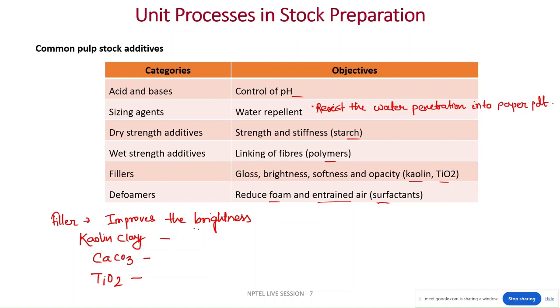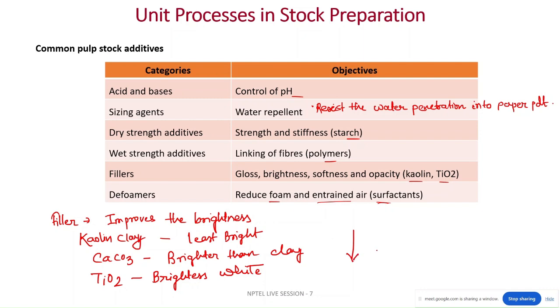With clay you will get the least brightness, and CaCO3 will obviously be brighter than the clay, and TiO2 is the brightest white you will achieve, but it is costly.